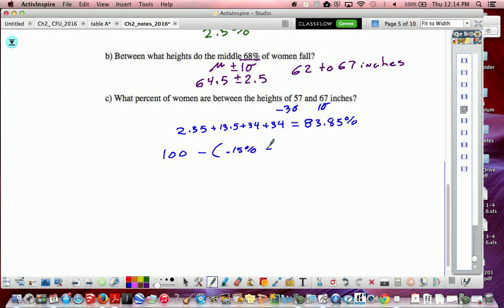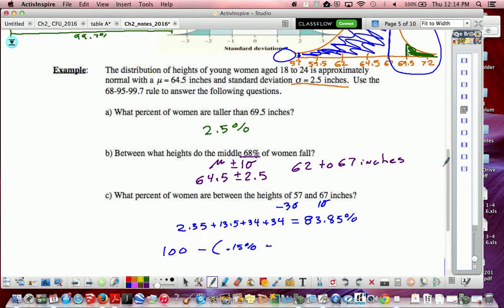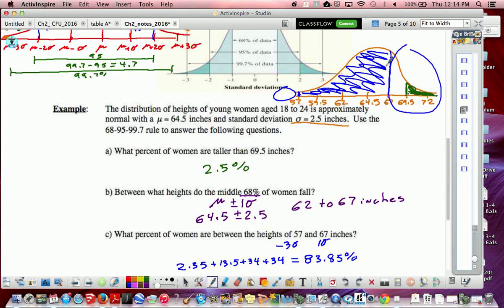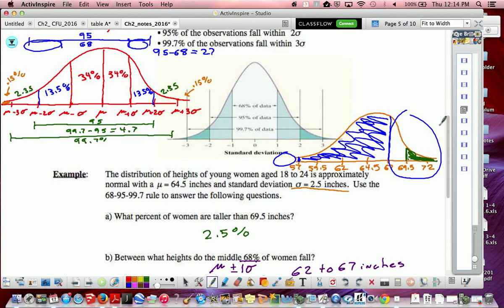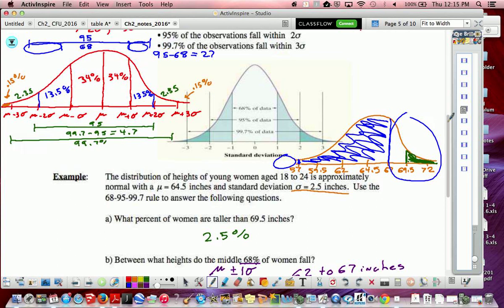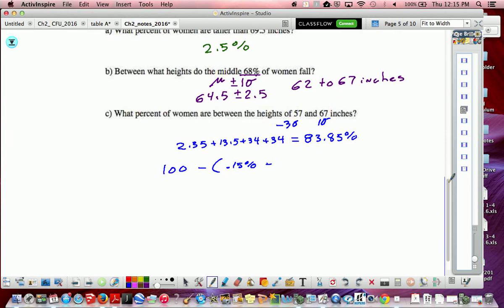And then I also have to include this tail right here, which is 1 standard deviation above. Well, if this is 34, this here all adds to 16. That also gets you your answer. Sorry, I forgot the little percent there. So either way works.